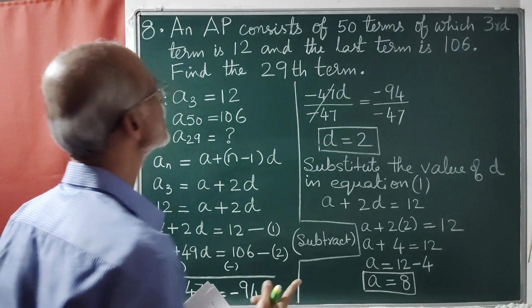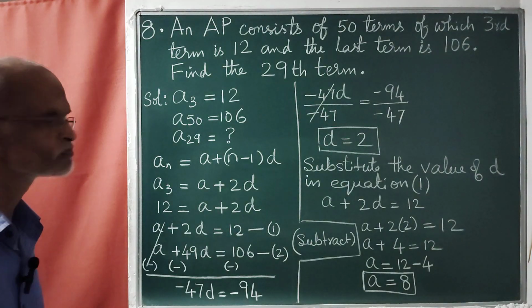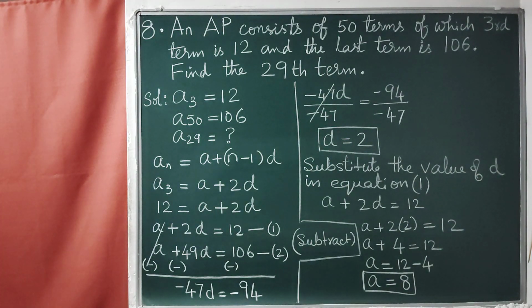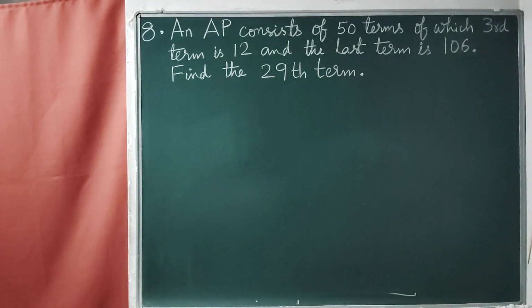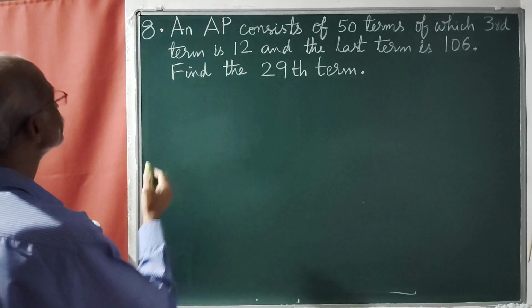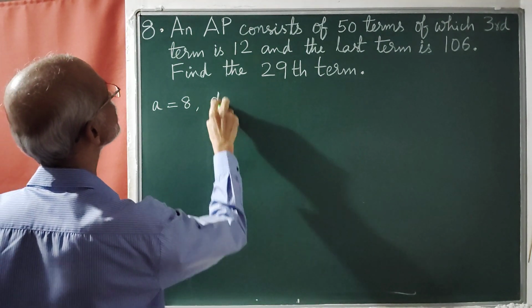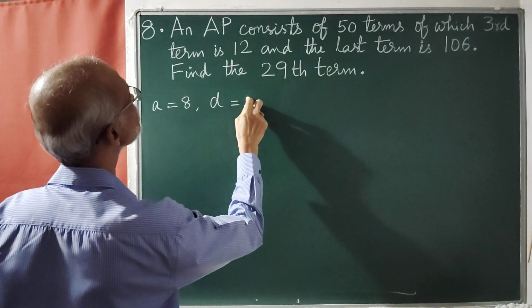By using the value of A and D, you have to find the 29th term. So A was 8 and D was 2.